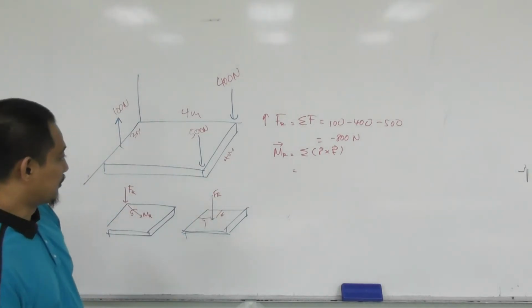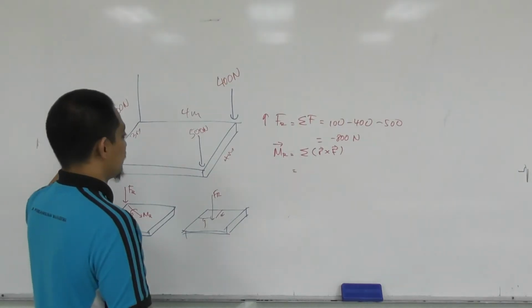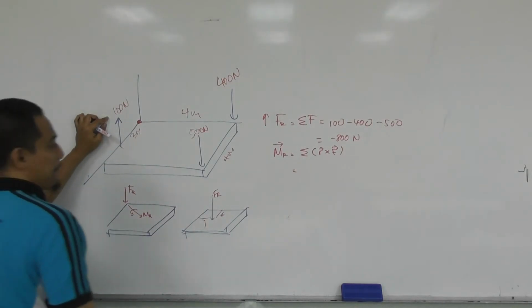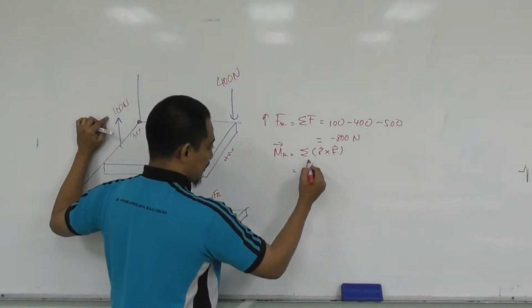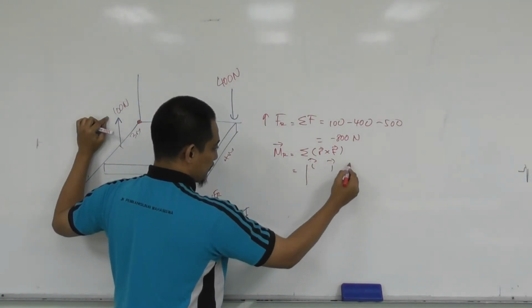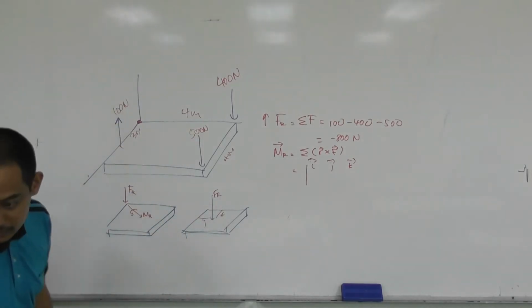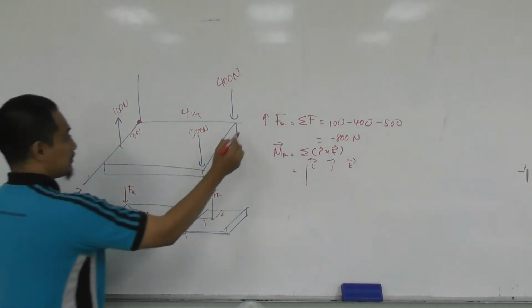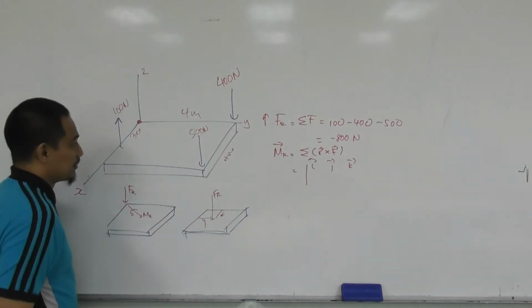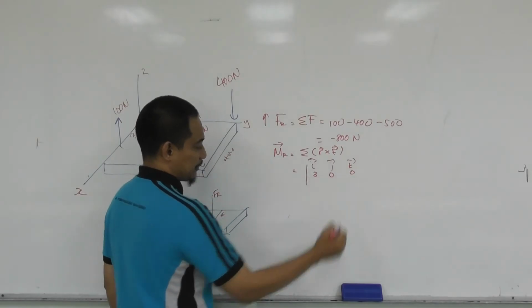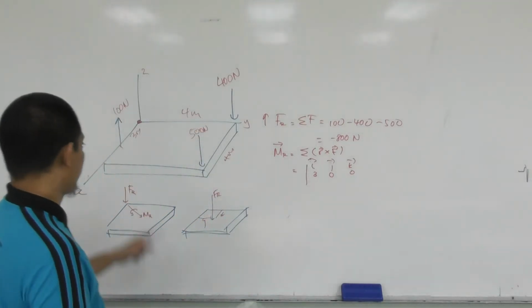Right. So if I do that, for this one, and we take moments about the origin, we'll have i, j, k. This is the x, y, z axis, right? So r will be 3i plus 0j plus 0k. Let's stick with that.